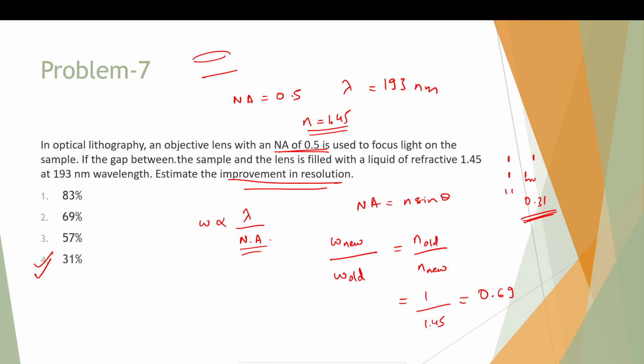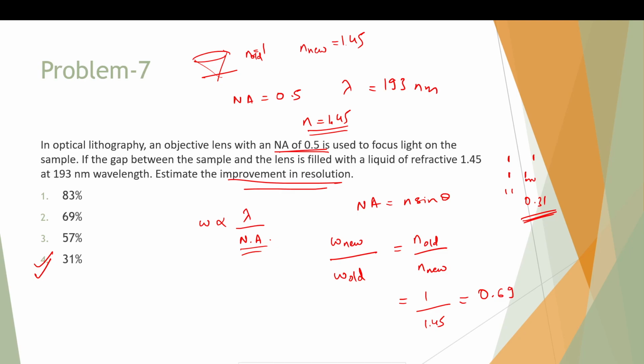They are asking the improvement in resolution, right? So it is assumed that initially it was all air, so n old is 1, and when they fill it with a refractive index of 1.45, n new will become 1.45. Whenever they don't mention it, we just assume that it is air.